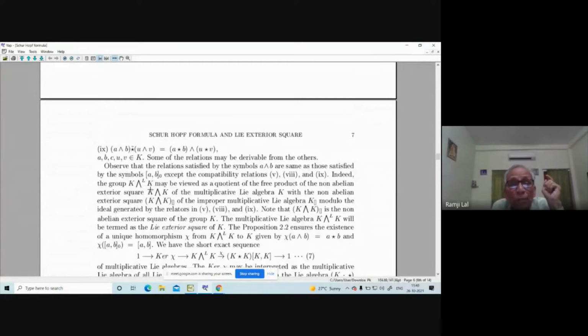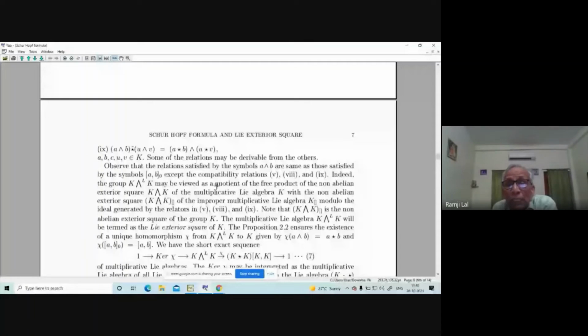So K cap may be viewed as a quotient of the free multiplicative product of the non-abelian exterior square of the multiplicative Lie algebras, with the non-abelian exterior square of the improper multiplicative Lie algebra with the multiplicative Lie algebra K cap, modulo the ideal generated by those relations.